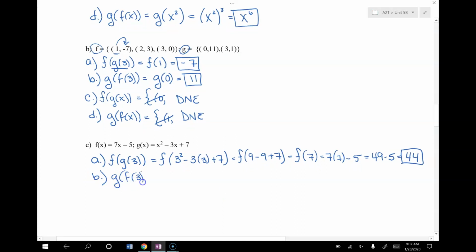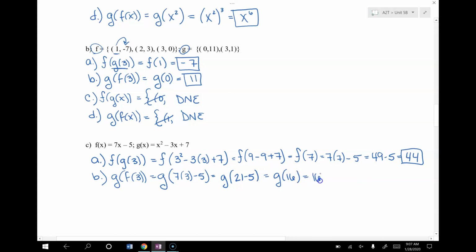g of f of 3. Okay, so I'm going to evaluate f of 3 first. We have 7 times 3 minus 5, which is 21 minus 5, which leaves us with 16. So now we're going to evaluate g of x when x is 16.